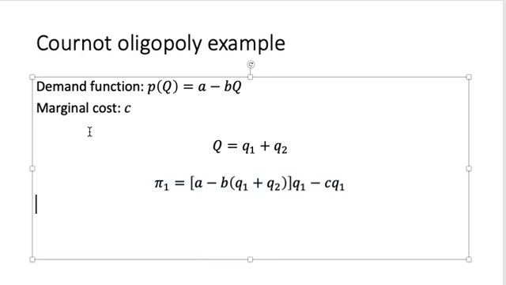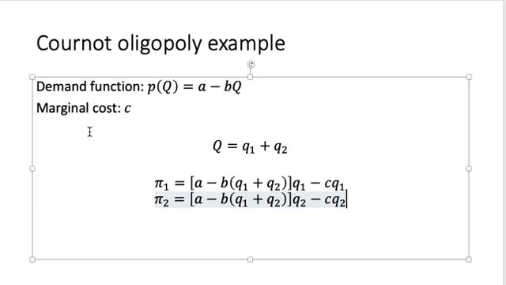And for firm 2, you have phi 2 equals, you still have your inverse demand function, so A minus B (Q1 plus Q2) times Q2 minus C Q2. Notice that in this profit function, whatever firm 1 does has an impact on the total industry demand.